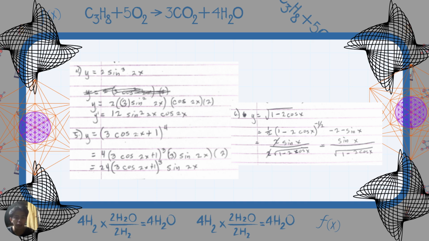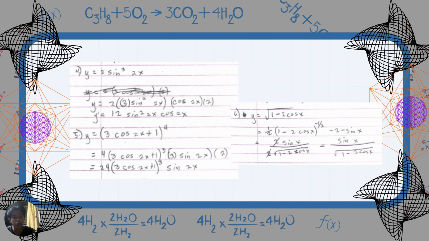y equals 2 sine cubed 2x. So let's first find the derivative. Let's first copy the constant, which is the 2, and then bring down the exponent of sine, which is the 3, and then minus 1. So it will become 3 sine squared. Then copy the 2x, and then find the derivative of sine 2x.